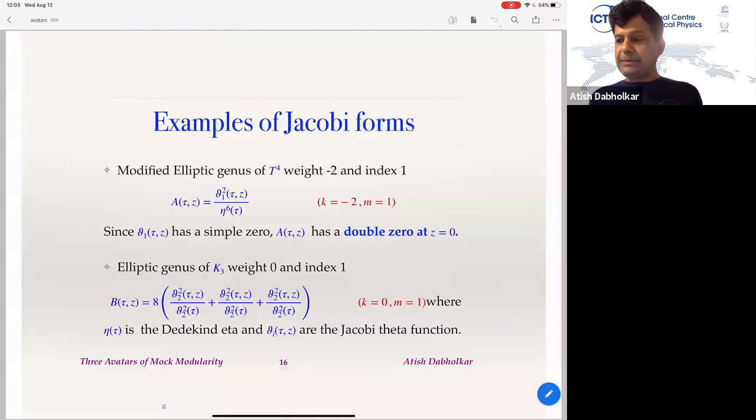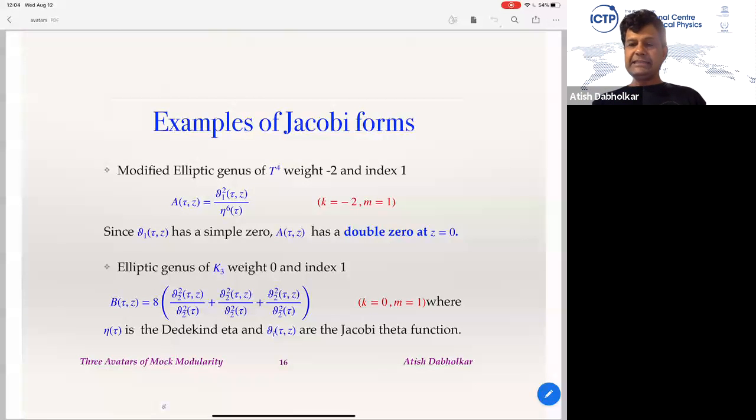So let me now give you a couple of examples of Jacobi forms. For example, the famous one is the elliptic genus of the manifold K3. If you just look at the second example, B, by the argument that I've just presented to you, this should be a modular form of weight 0 and index 1. The index can also be computed from the anomaly of the 2,2 theory, or the central charge of the 2,2 theory.